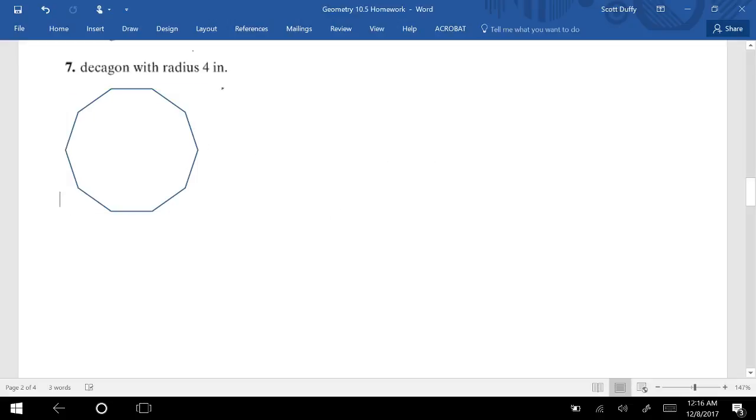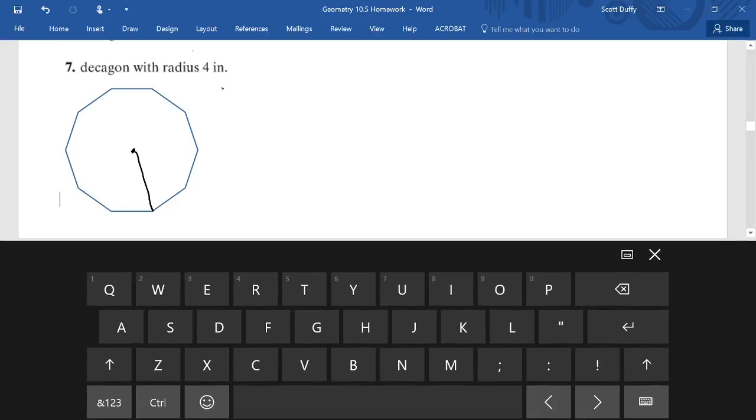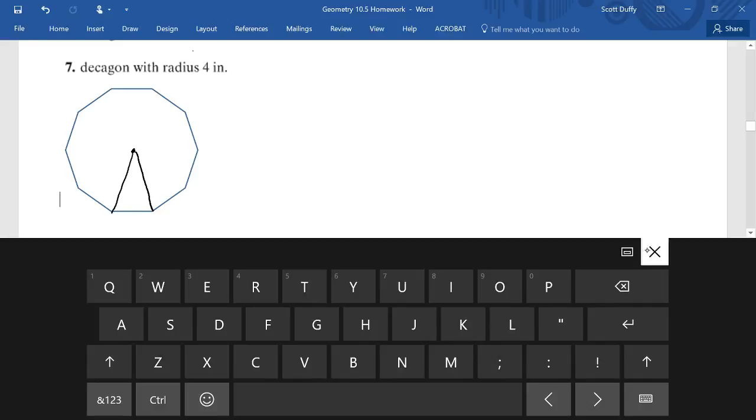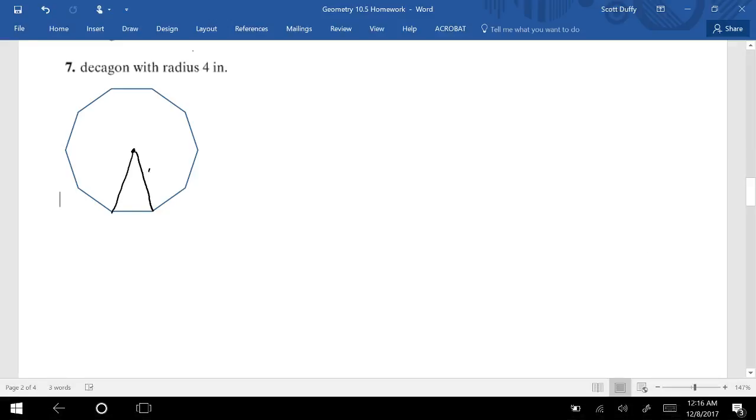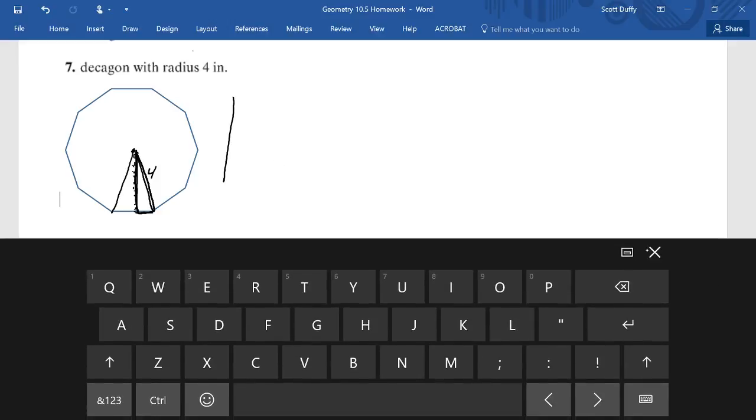So if I were to draw my center, then draw my radii in, these are a length of 4, and then draw my apothem in. I have a right triangle right there. I'm going to redraw it just bigger so I can work with it easier.